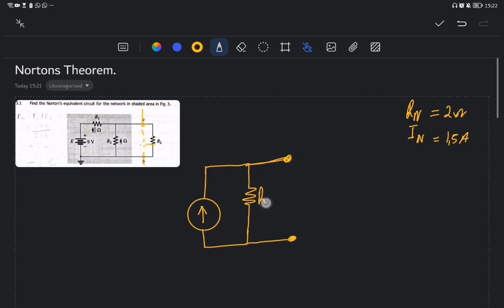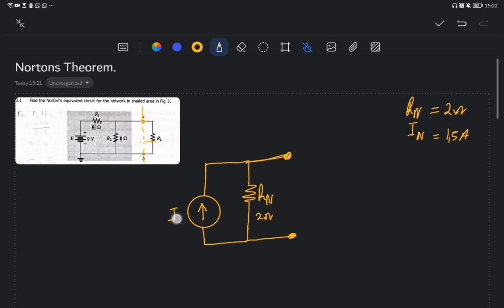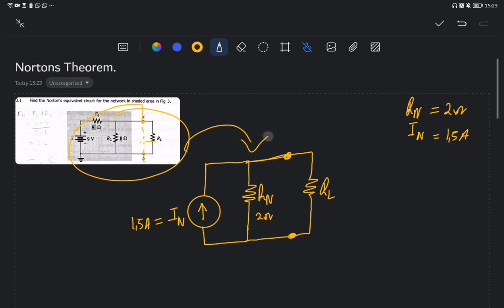So this will be R Norton, which happens to be 2 ohms, and here it will be Norton's current, which is 1.5 amps, and then on these two nodes we'll replace it with that resistor, which is our load, because we didn't touch it, by the way, guys. So this will be our R load. So just like that, we've converted this circuit into a simple circuit like that, which we'll be referencing to the R load.